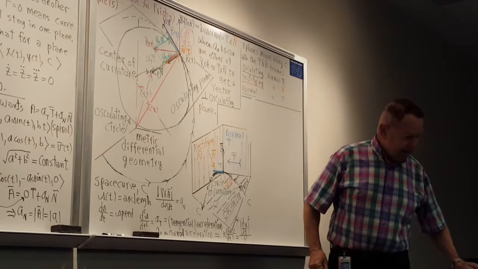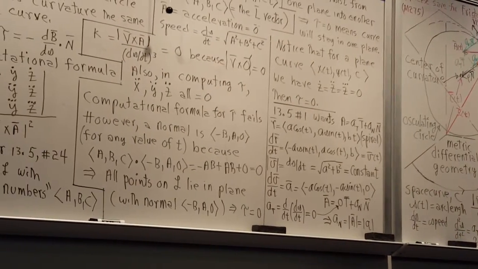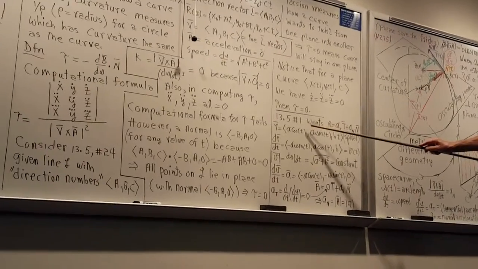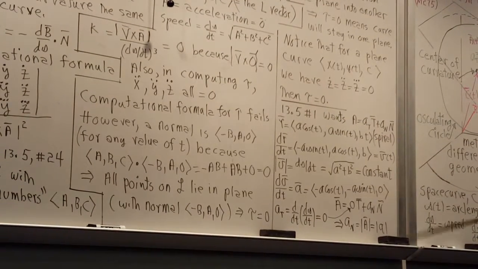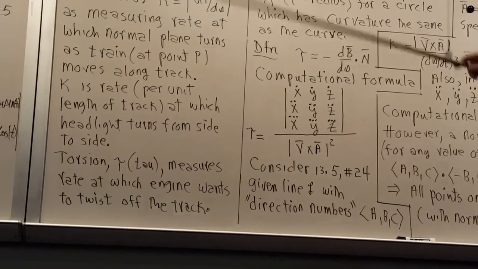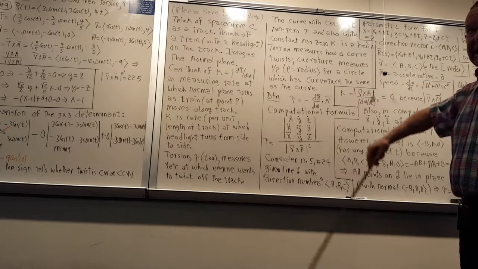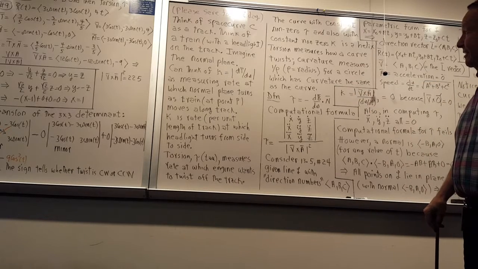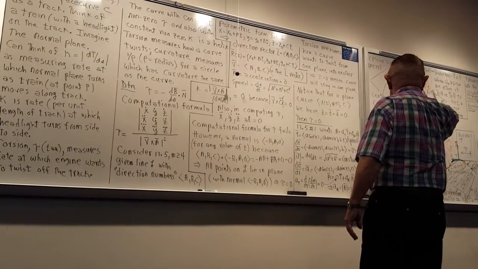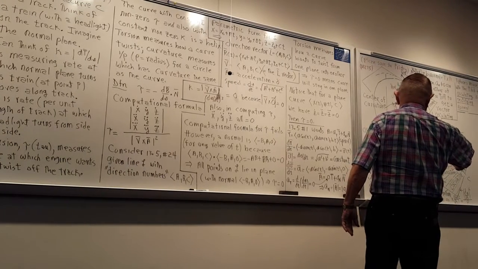And then looking at 13.5, number 1 is over here, the first of the problems, but I have a little bit of discussion before that. If you think of your space curve as a track, for example, and you think of a train on the track, you've got your train coming through this direction.